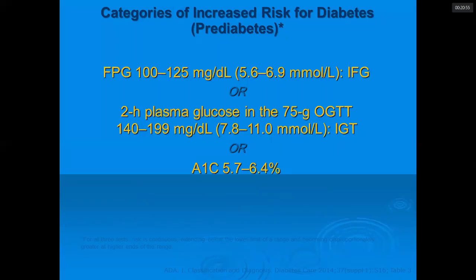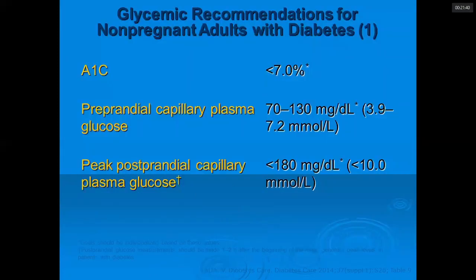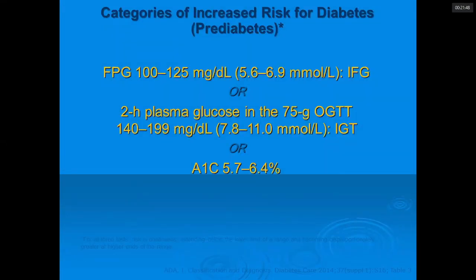More than 6.5 is diabetic. Category 4, increased risk for diabetes, pre-diabetes.